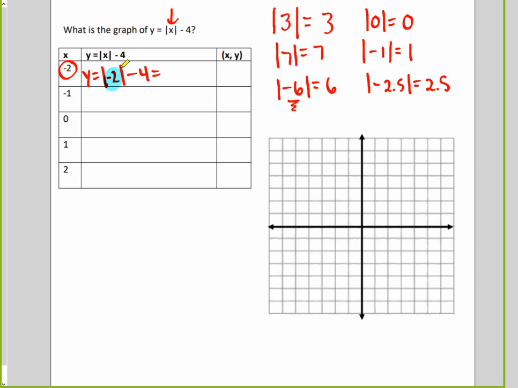And you can subtract 4 from it. So we are going to get a negative answer here, because when I take the absolute value of negative 2, I get positive 2. But I still need to subtract 4. And 2 minus 4 is negative 2. So when your input is negative 2, your output is negative 2 in this problem.